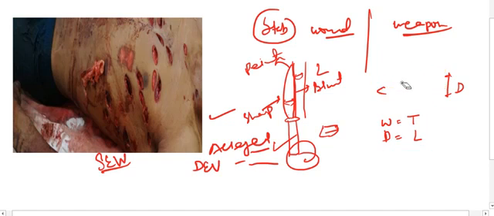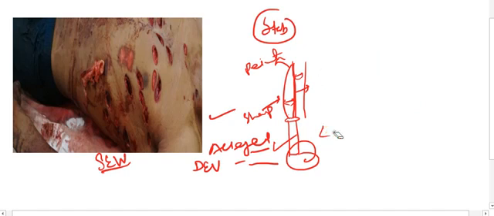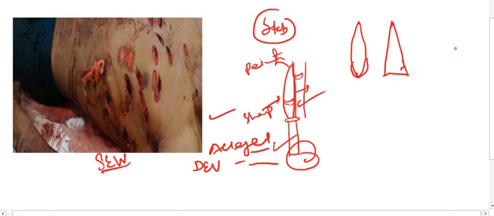In case of a single-edged weapon, the stab wound that is caused may be teardrop shaped or wedge shaped, or sometimes due to the blunt end there may be fishtailing at the opposite side due to laceration. So these are the wounds which are caused by a single-edged weapon.